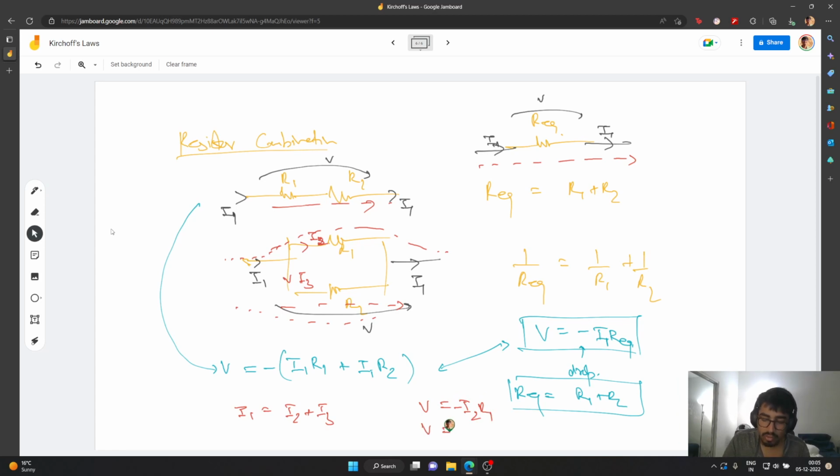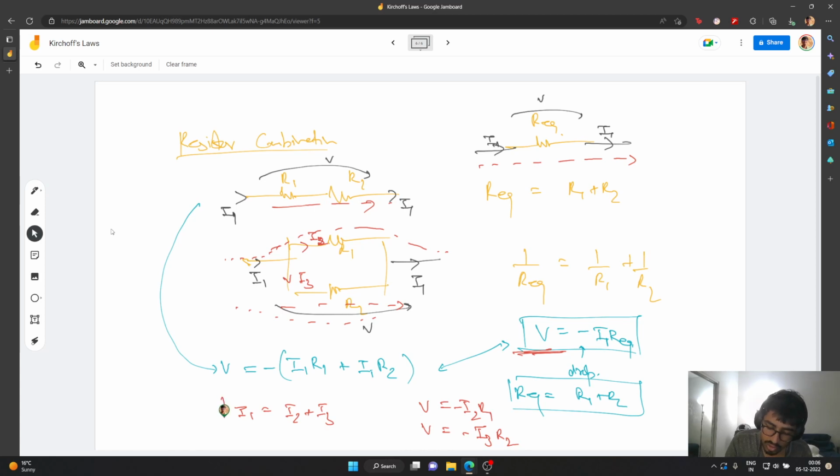Then if you go through the bottom one, it will be minus I3 times R2. Right? Just work them out, similar logic. And of course in the R equivalent it will be this guy, right?